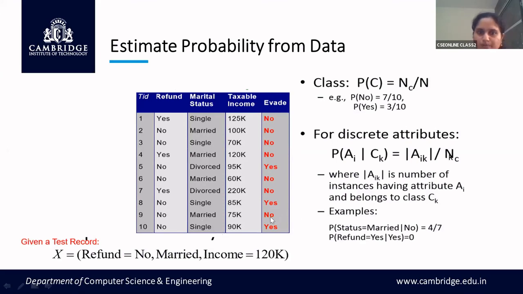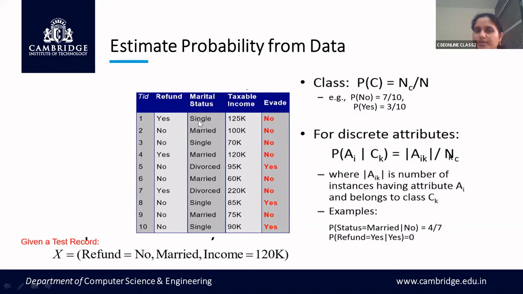Out of 4, how many of them are no? All are no, and there is no yes. So there is no need to find out. Probability is 1 by 7 and 0. Not 4 by 7. There are only 4 entries. For 4 entries, all the class label is no.